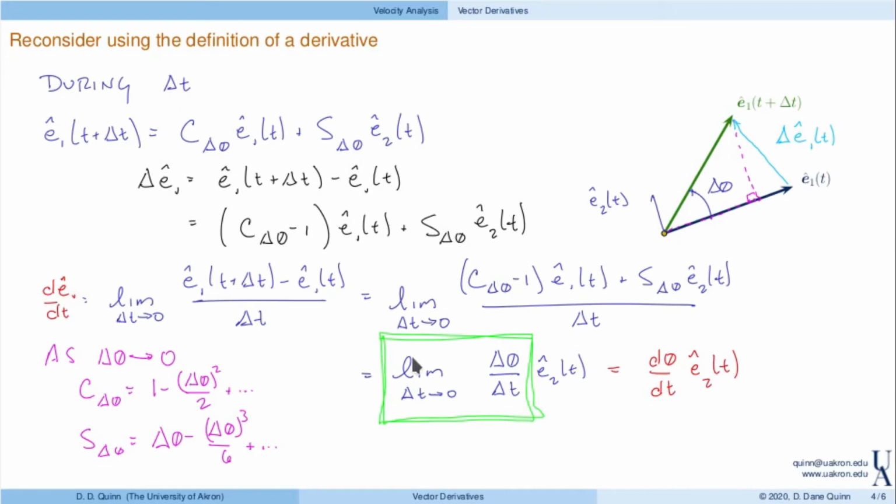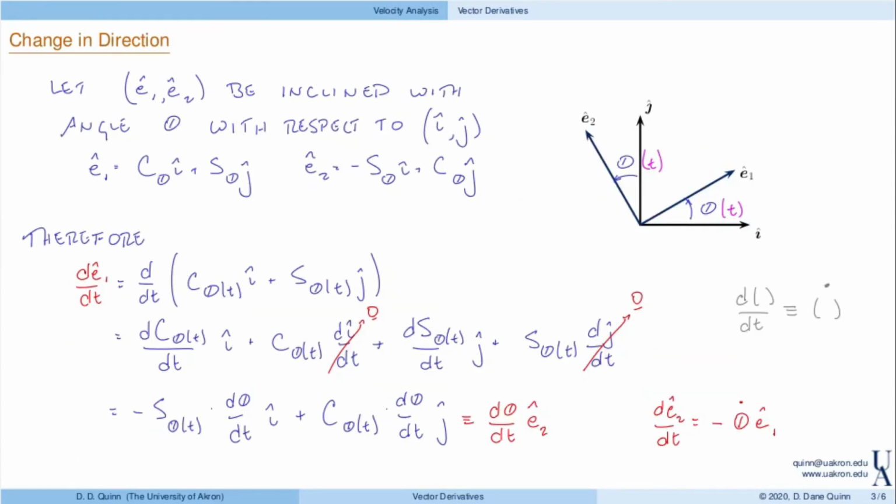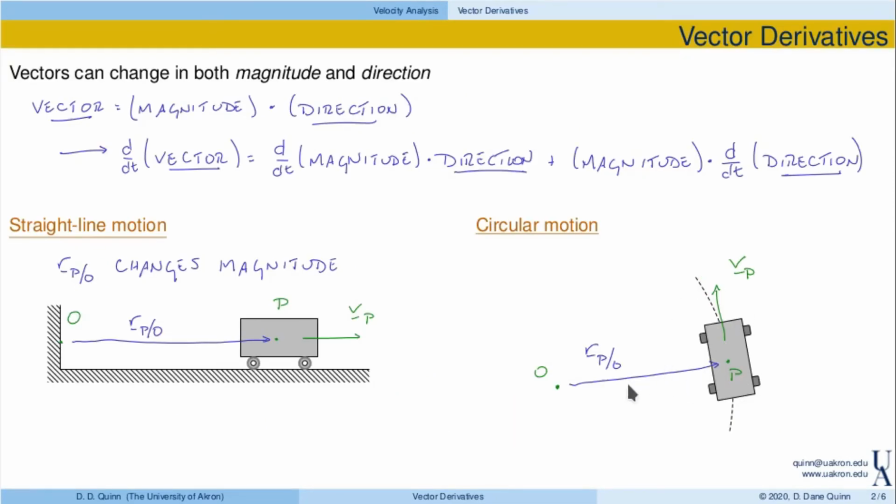If you were to calculate the derivative of E2 with respect to time, you get exactly the same thing. There's really nothing special about E1; it's just some initial starting direction. Either way, the derivative of this vector is perpendicular to the vector itself. And if you think about the circular motion we looked at initially, RP with respect to O is in some direction, and then the velocity, which is the derivative of position, is going to be perpendicular to that vector, for circular motion, which is an example where the magnitude is fixed.